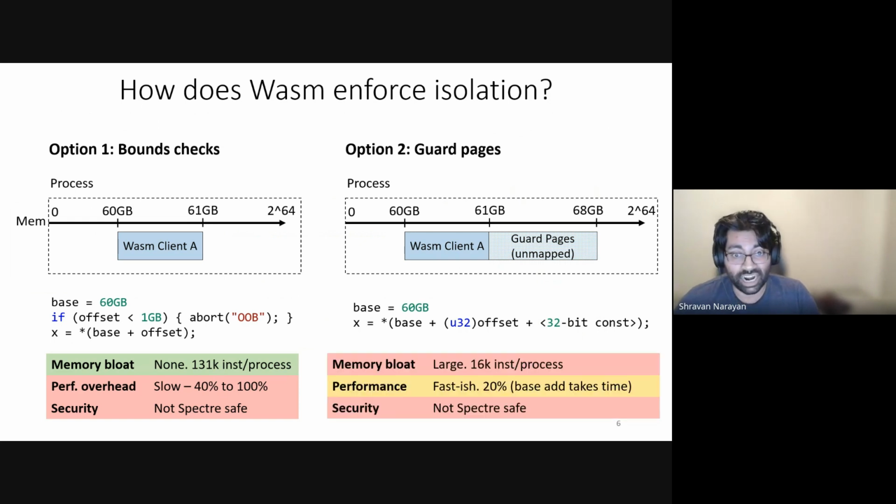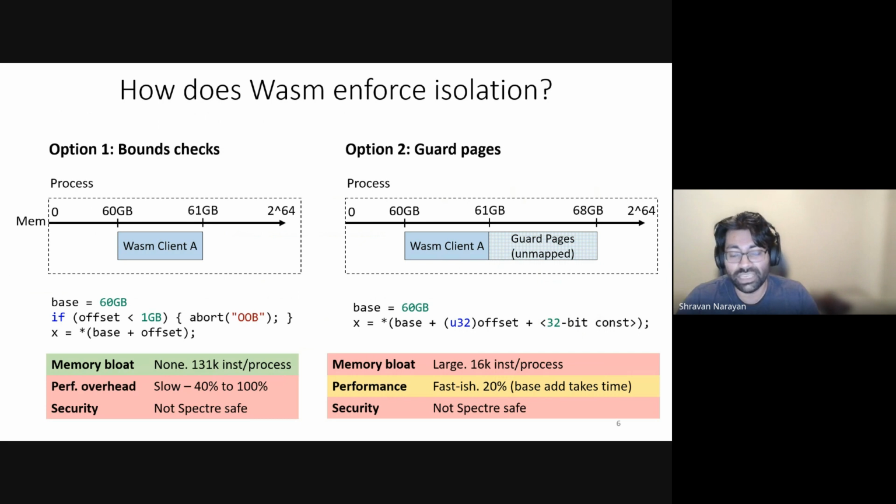In contrast, guard pages trade off virtual memory for performance. It's much faster, and compared to native code, only adds about 20% overhead. It's not perfectly fast because you're still accessing your linear memory with a relative offset, and that has a cost, but it's pretty good. It does come with memory overhead, though, memory bloat, because of this guard page trick.